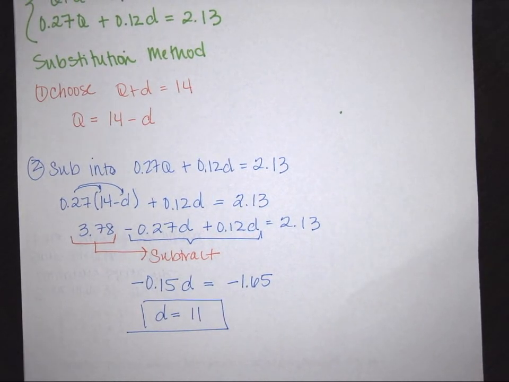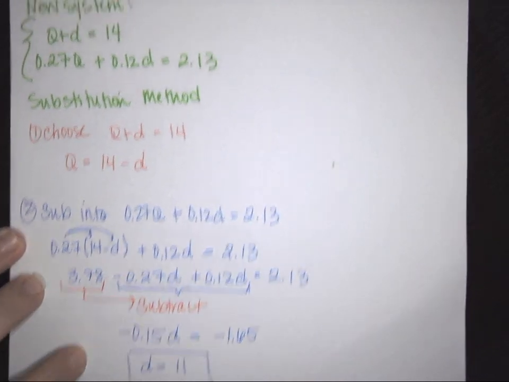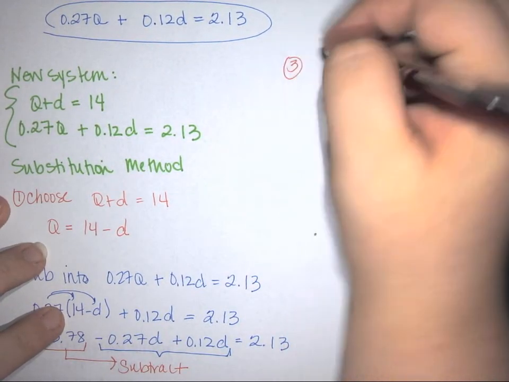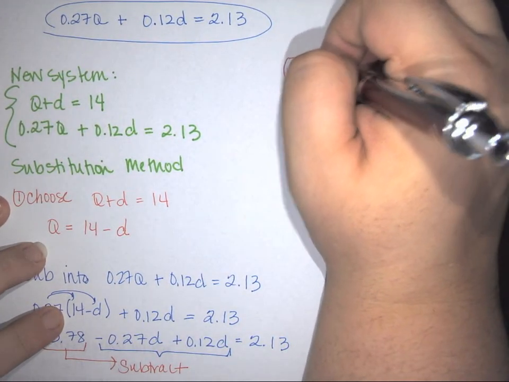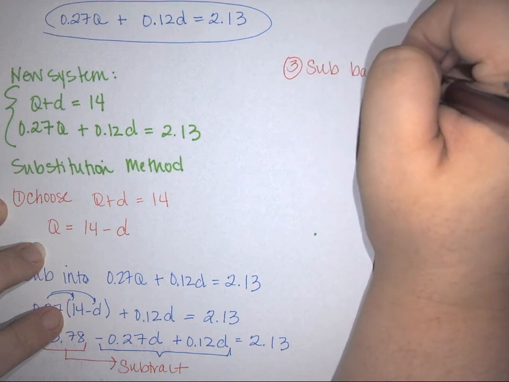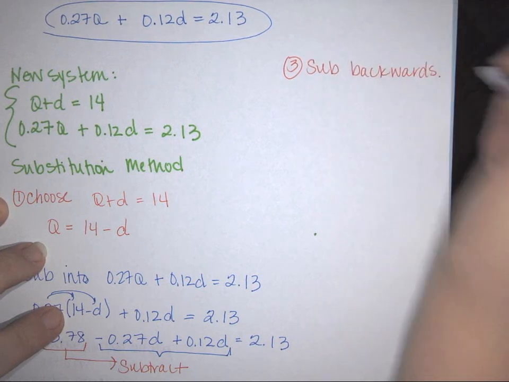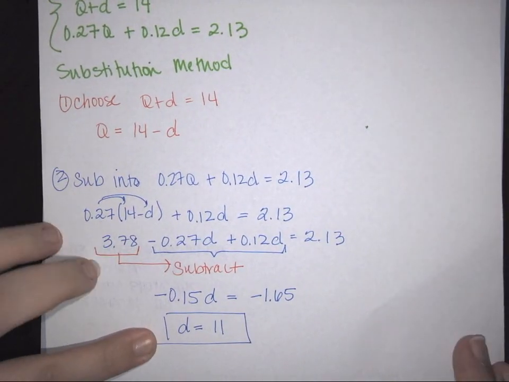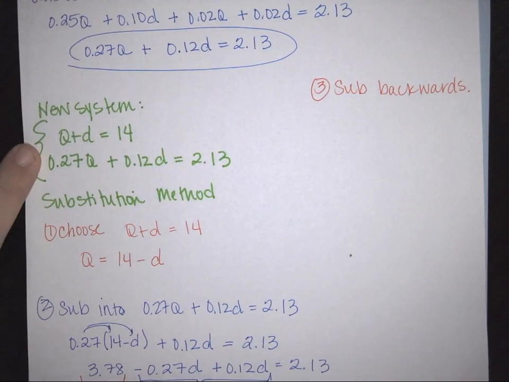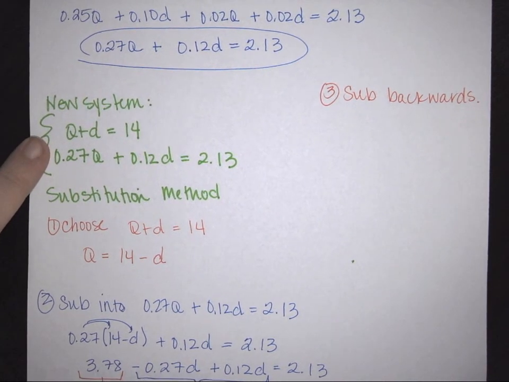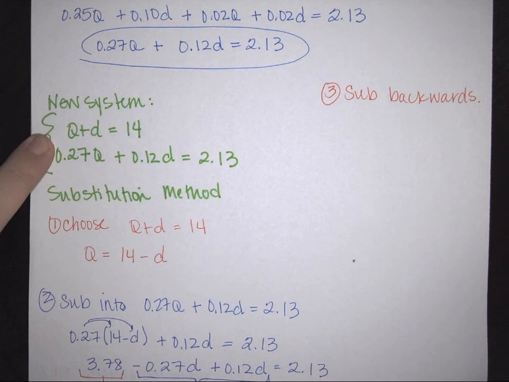Now, we then have to go ahead and do your next step, which says that we have to substitute backwards. So I have one answer, so I'm going to go up to my closest system, which is this one here, and I'm going to choose one of the equations in order to use.